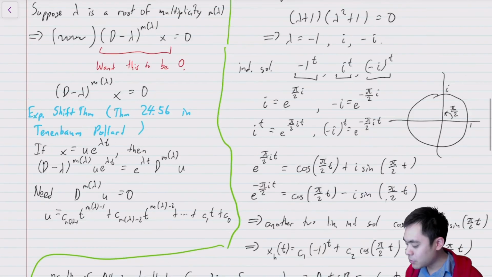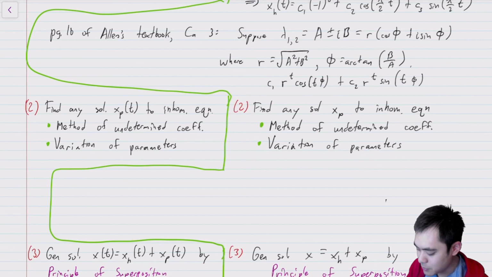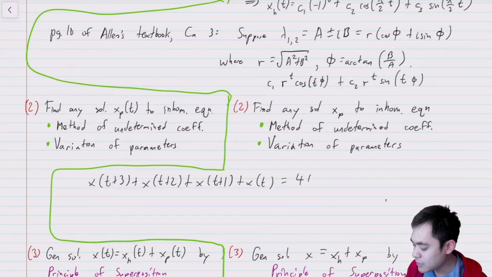What if it's not equal to 0? Let's suppose that we had x of t plus 3 plus x of t plus 2 plus x of t plus 1 plus x of t, and let's say that's equal to 4t instead.